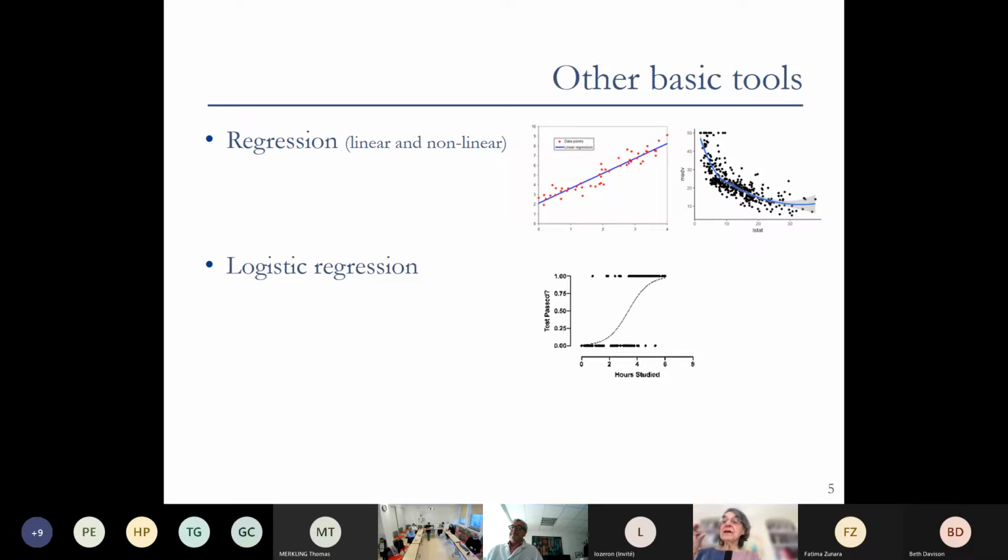So the only outcomes are either a 0 or a 1, but your goal is to estimate the probability of passing the test as a function of hours studied. And as you see, the top dots get thicker and thicker the more hours are studied, and to the right, and then the bottom gets thicker and thicker as the people didn't study. So that's logistic regression. And next, please.